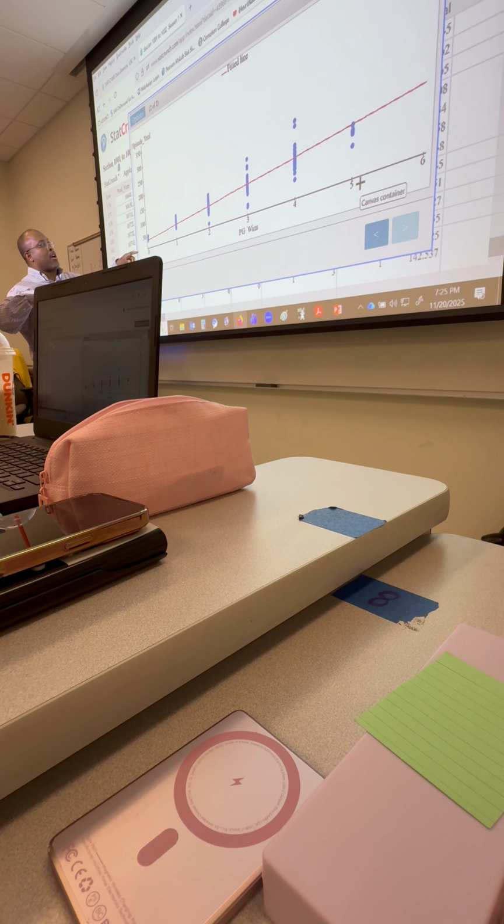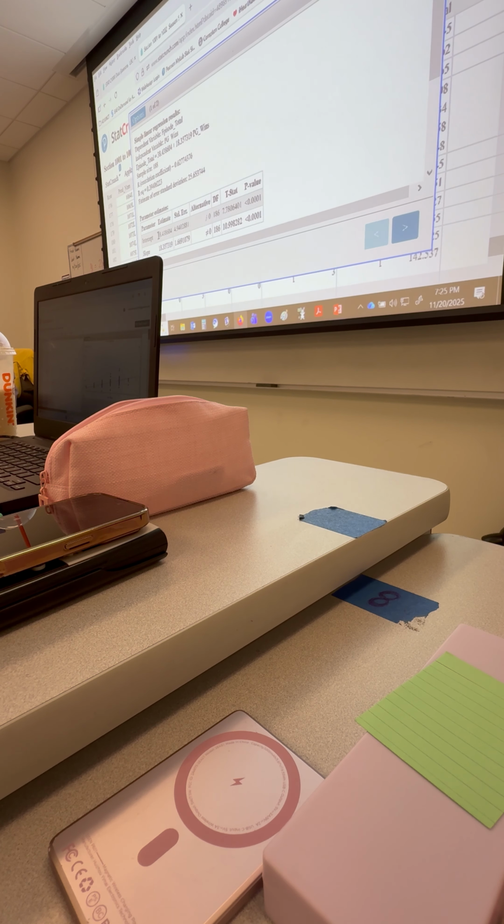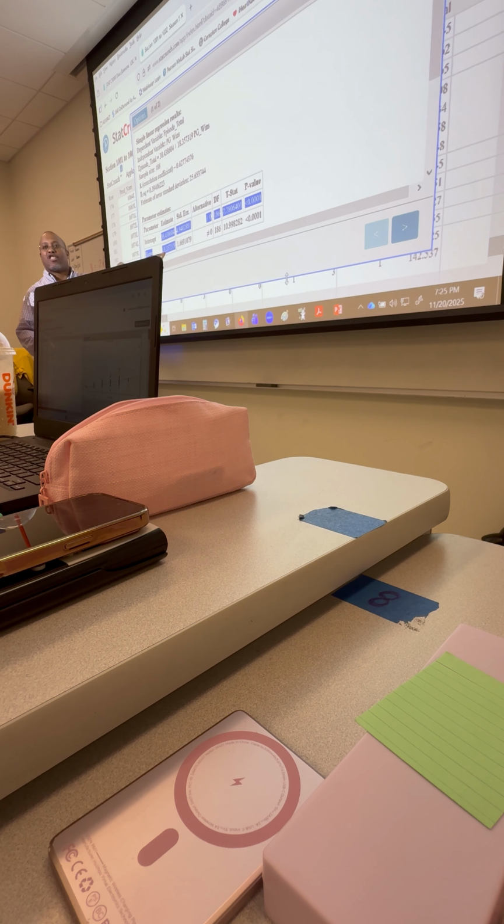That is the best fit line. We call it the least squares regression line that explains this data. And the equation of that line is right here. It's these two numbers right here. So that's the constant and that's the slope. We're going to talk about that. That's coming up.